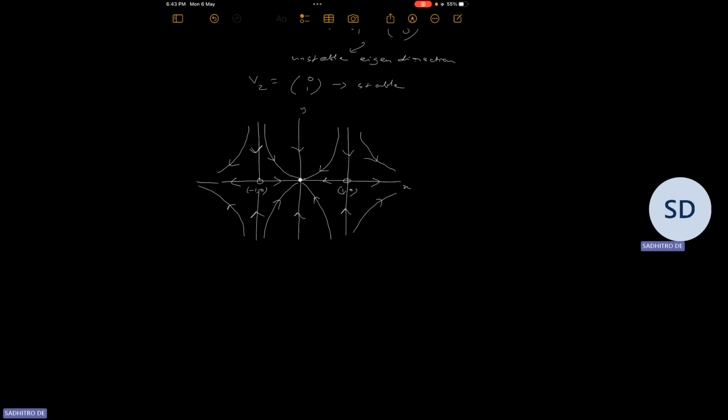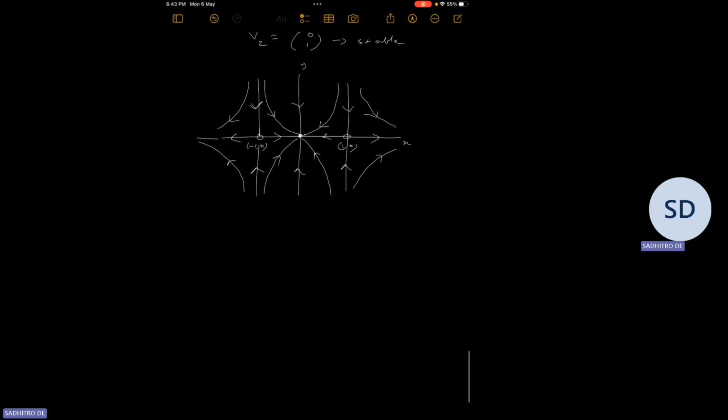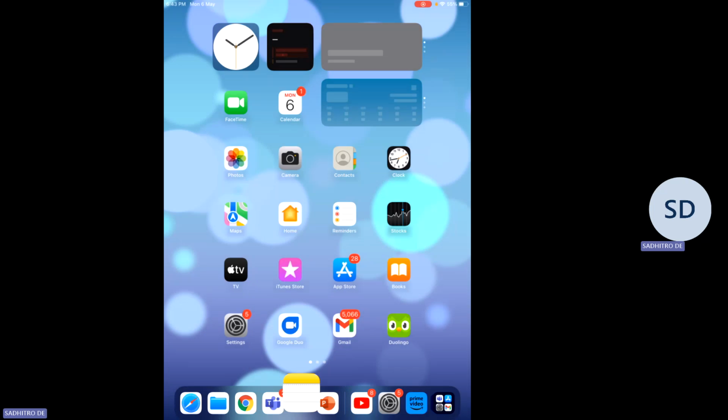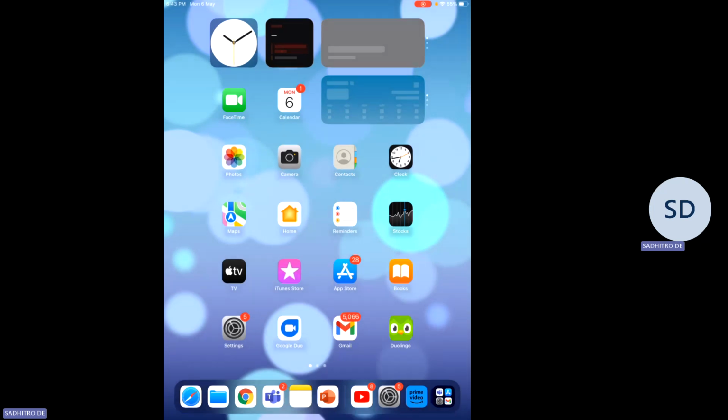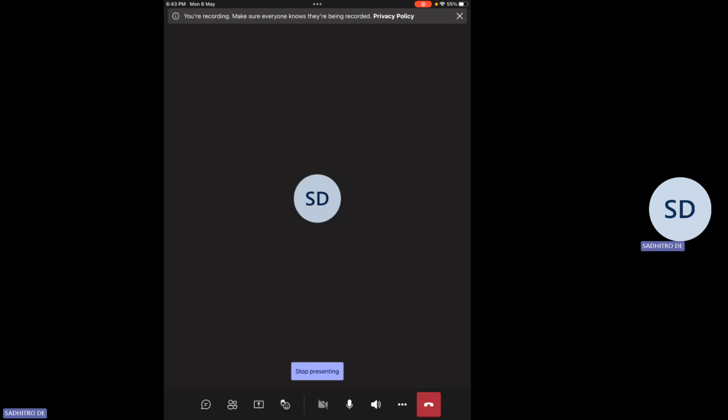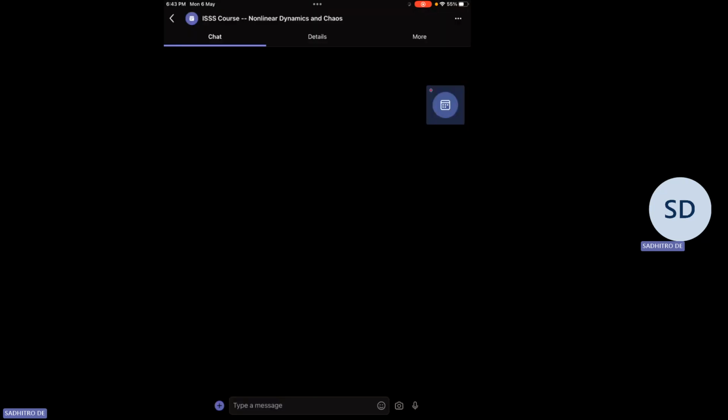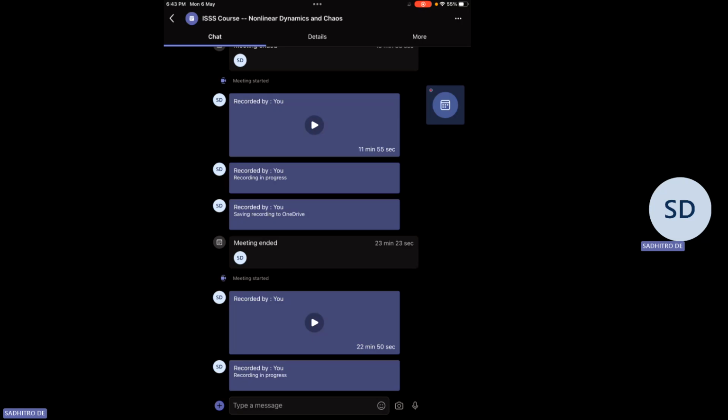We can also take a look at another example. So another example of a system is that, just hold on a second. So we can consider now a coupled system.